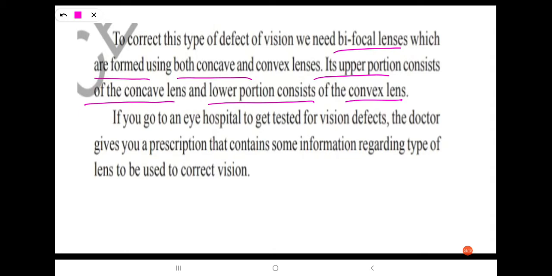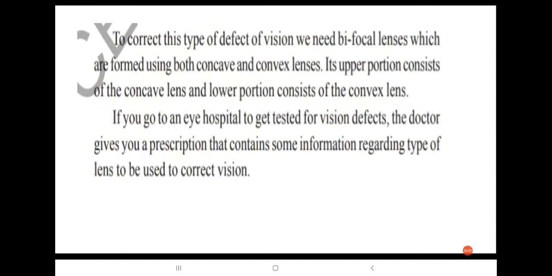If you go to an eye hospital to get tested for vision defects, the doctor gives a prescription that contains some information regarding the type of lens to be used to correct vision.